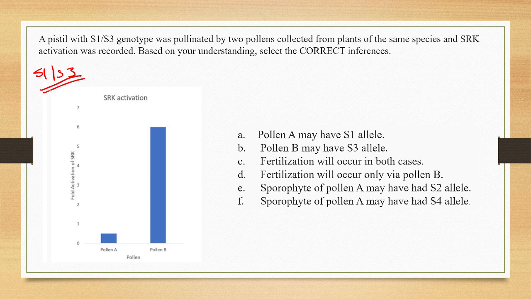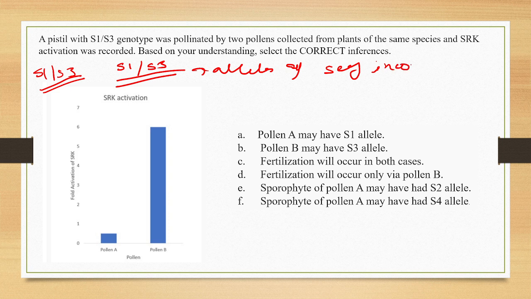What does it mean? It means that it carries two alleles for self incompatibility. This is SI actually, self incompatibility in plant species. So S1 and S3 are the two alleles of self incompatibility.